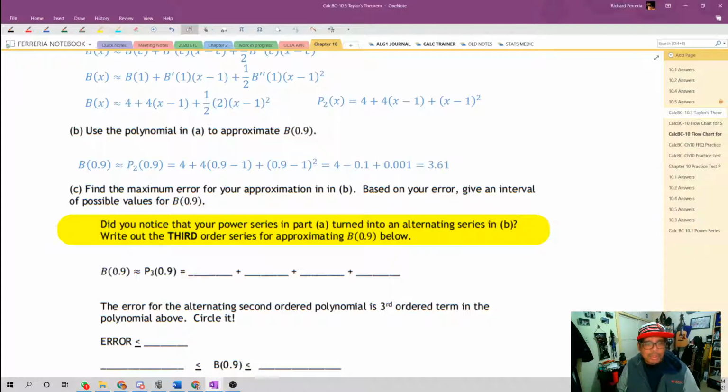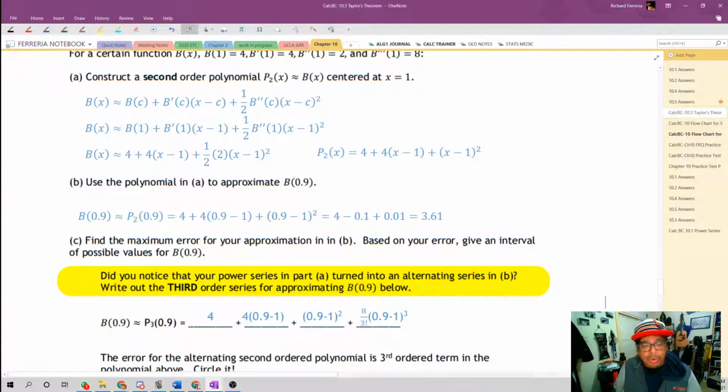And yeah, those terms did alternate, 0.4 minus 0.1 plus 0.01. That tells me that in order to figure out the error, I just need to look at the next term that was left off of the series, which means I should look at P3 of 0.9.